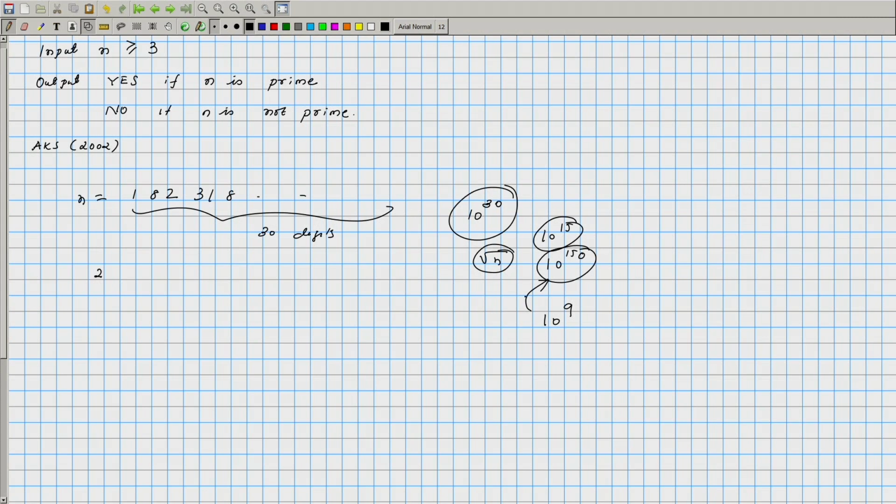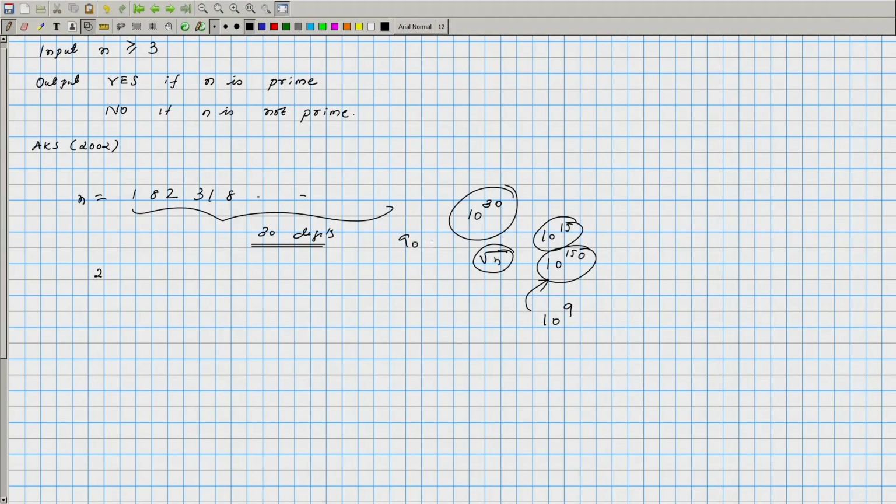And that is precisely the problem here. The input is measured in terms of the number of bits required to represent the number. So, 30 digits would essentially mean 90 bits, something like that. Okay. So, what is the way out?